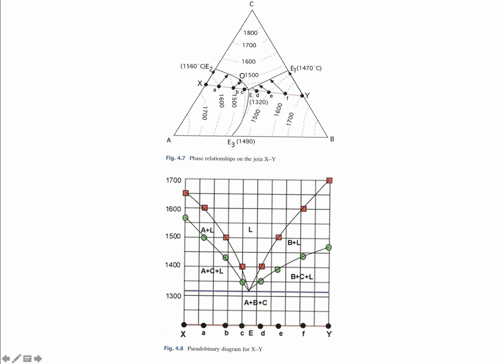And here we are passing it by here. So, and here we have then AC plus liquid on this side. Yes, that is from here to here, AC plus liquid. On this side we have BC plus liquid, that is here.